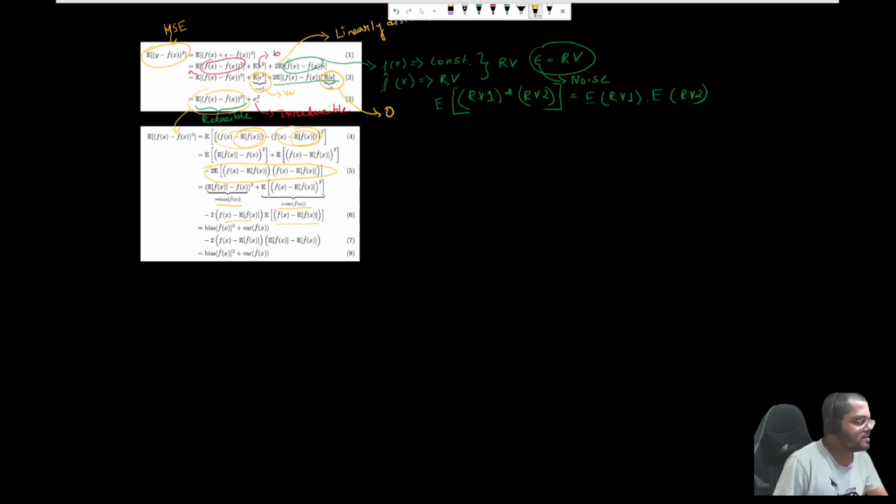Why? Because, I'll explain: f of x is a constant, while f hat x is just a random variable. Now E of f hat x, this is my constant term, right?